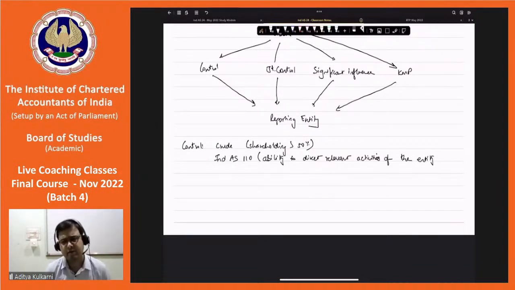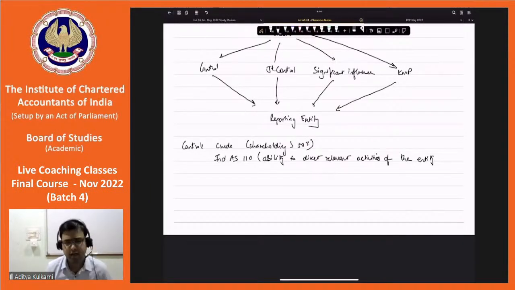Relevant activities means what? Your operating activities, sales, procurement, payment of wages. All these are your relevant activities. These are directed by. When these are directed, you can say that there is a control.